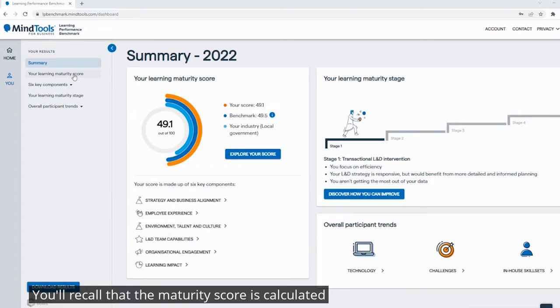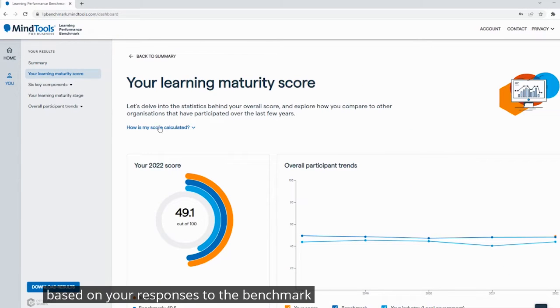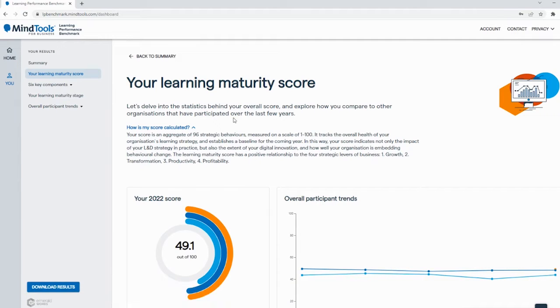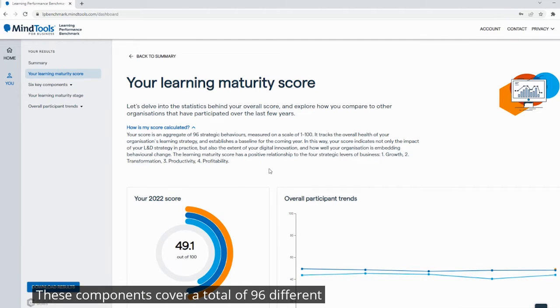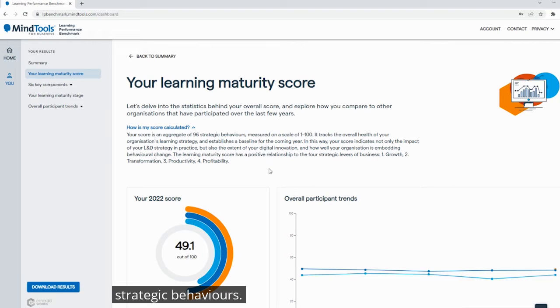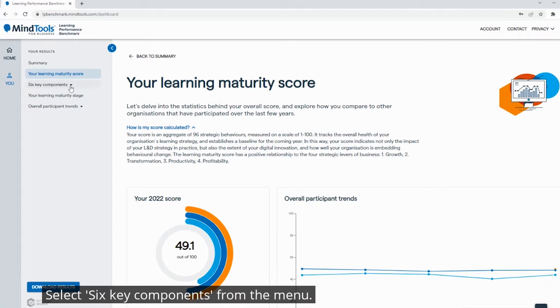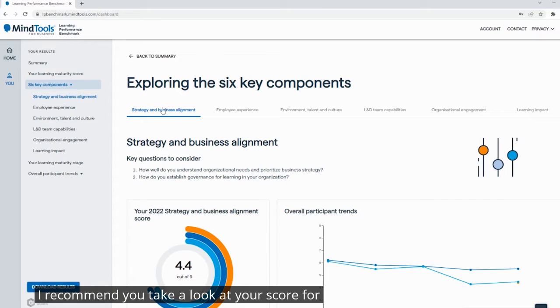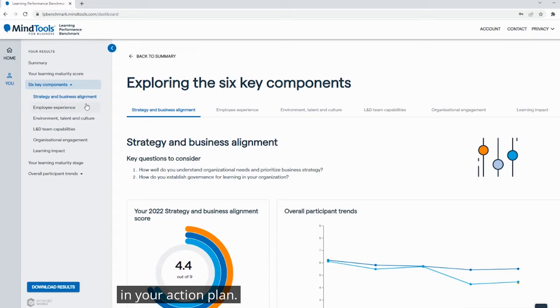You'll recall that the maturity score is calculated based on your responses to the benchmark across 6 key components. These components cover a total of 96 different strategic behaviours. Select 6 key components from the menu. I recommend you take a look at your score for each of these before deciding where to prioritise in your action plan.